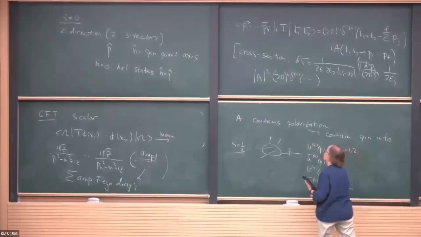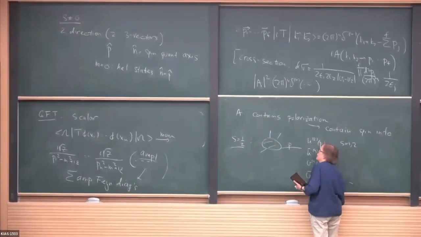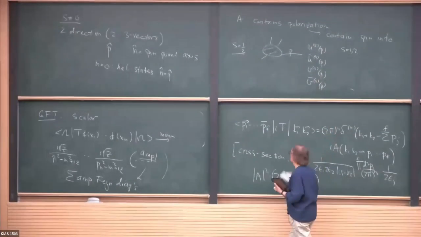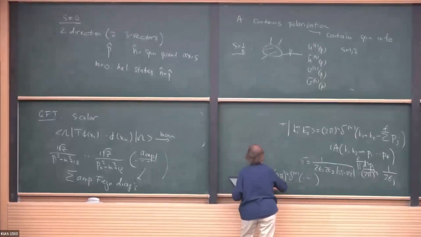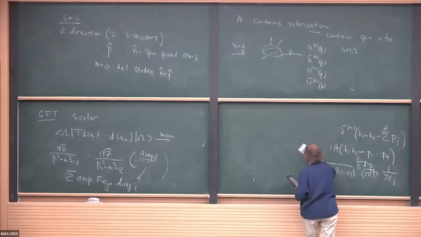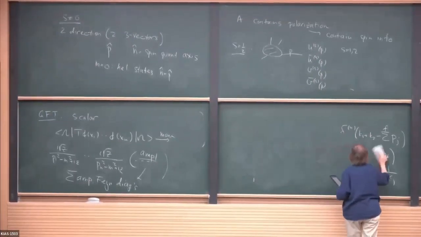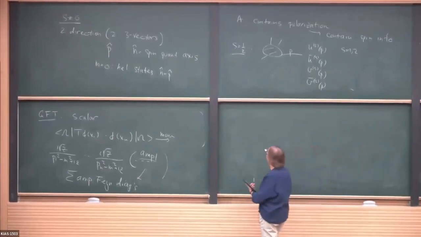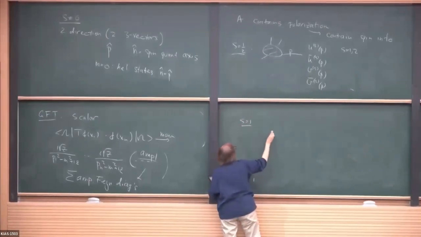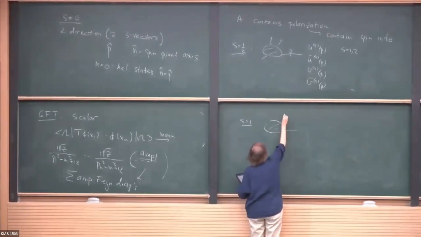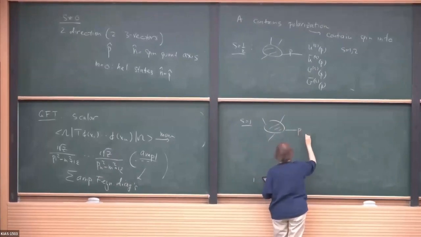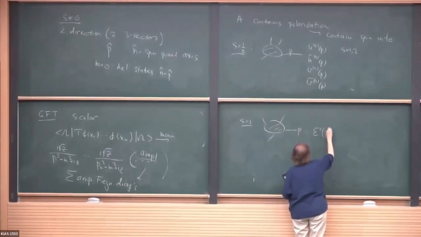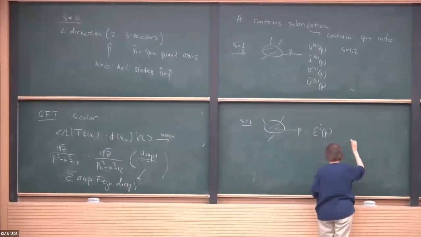Similarly, for vector fields, for spin 1 particles, for this external leg, I need to include some ε_i(p).